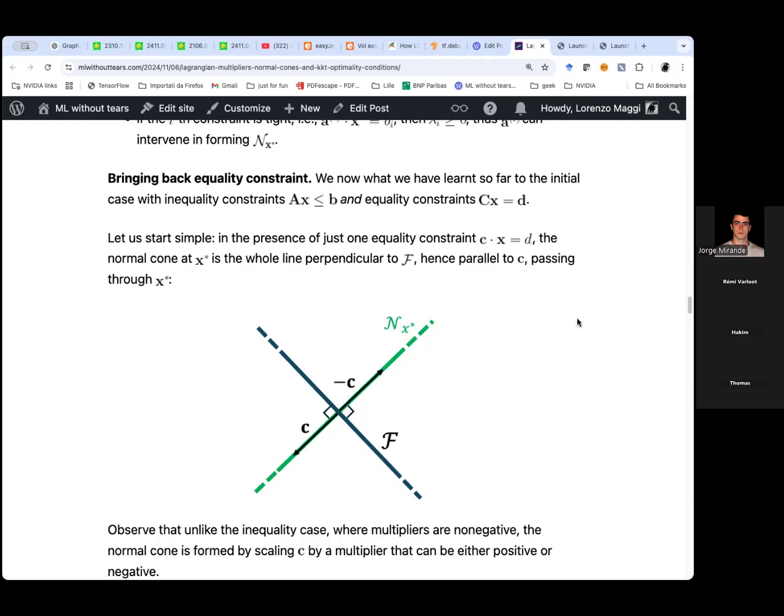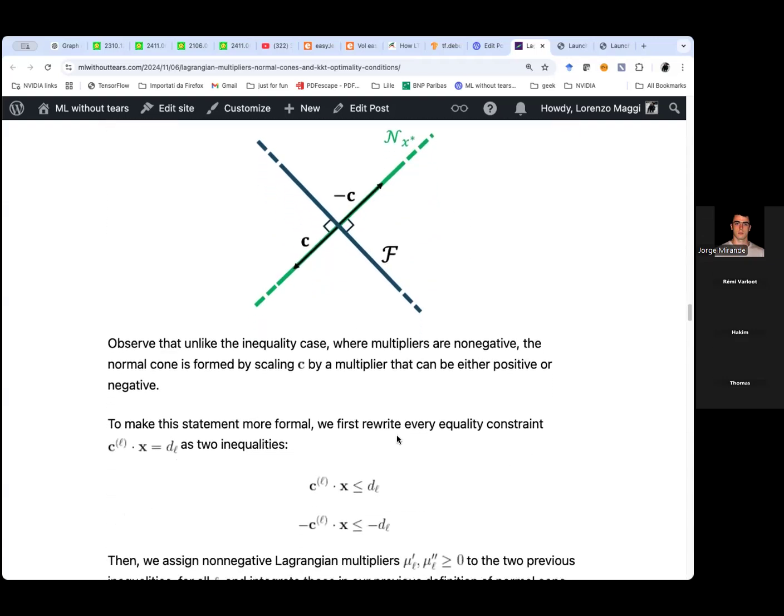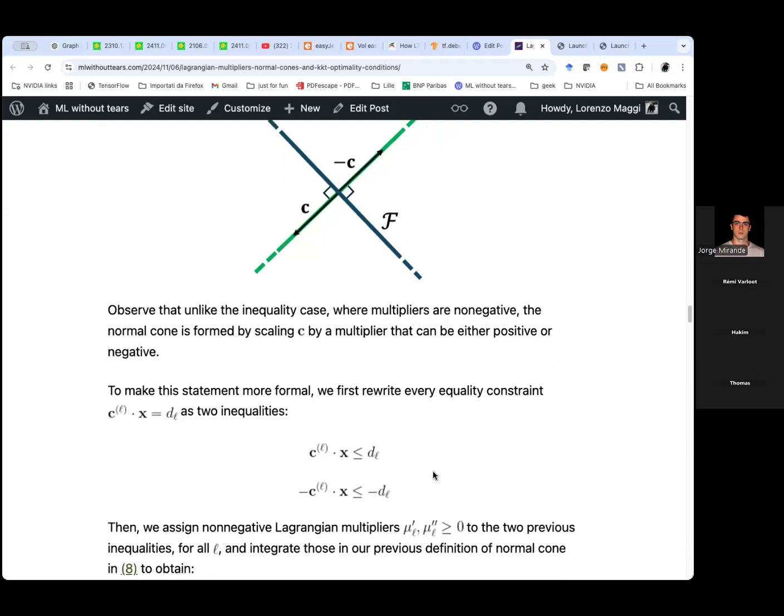But really, as I already repeated 3 times, if we rewrite Cx equal to d as a set of 2 constraints, then it's basically the same thing. And which set of constraints? Well, we like inequalities in one sense, so smaller or equal. So we rewrite the equality as Cx smaller than d and minus Cx smaller than minus d. This is just to preserve the inequality in one sense.